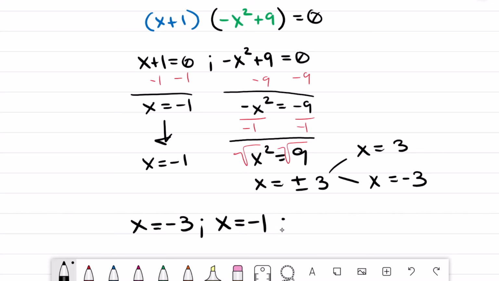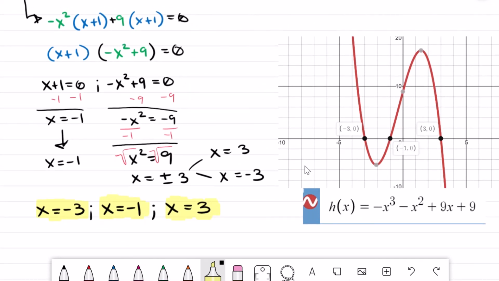And then my third solution is going to be x is equal to positive 3. So we've got 3 solutions. I'm going to go ahead and graph my original polynomial onto Desmos, and then I'm going to jump right back with that graph so that we can confirm that these are our 3 solutions, and then we can see what the graph is going to look like for this polynomial.